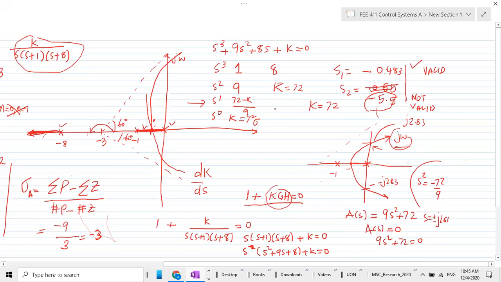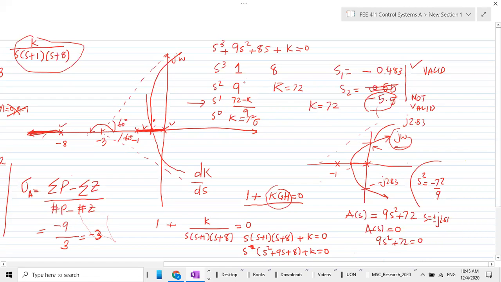The whole of this row will be 0. So the row before it is where we get our auxiliary equation. And remember, the auxiliary equation will always be even, as in s power 2, s power 4, like that.